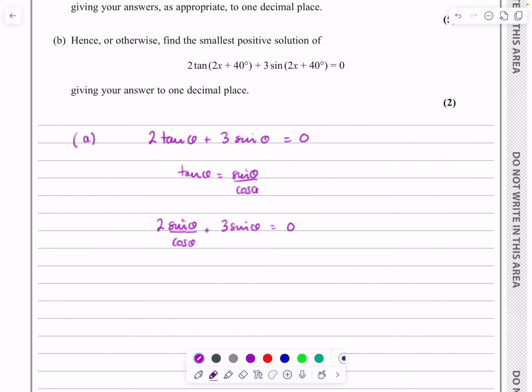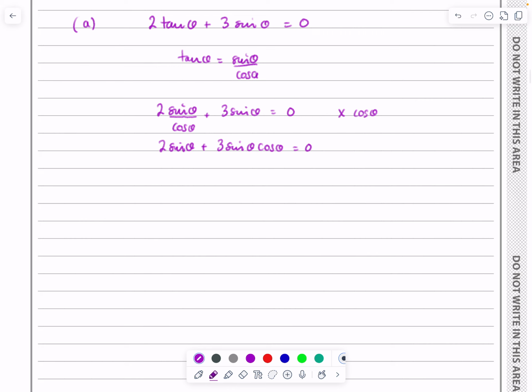And so let's multiply everything by cos theta here to get rid of that fraction. So if I multiply everything by cos theta, I'm going to get 2 sine theta there plus 3 sine theta cos theta is going to be equal to 0. And now I can solve that. It's an equation that I can factorize.